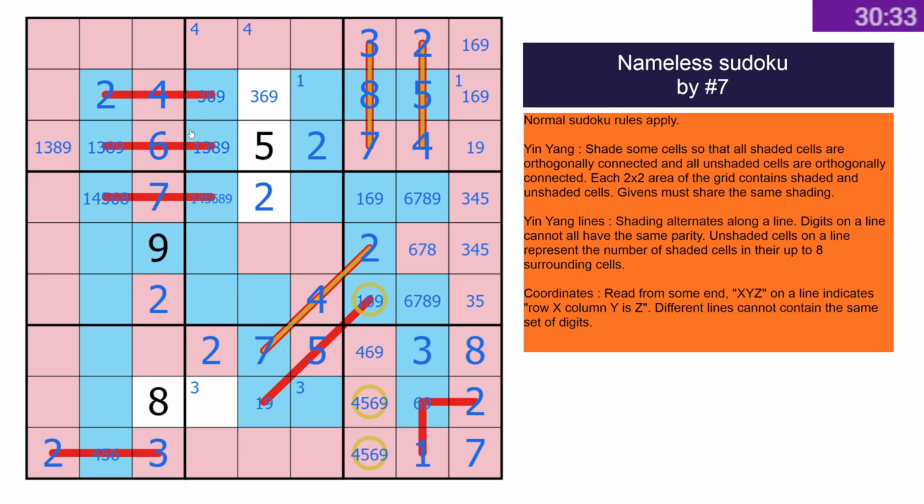This line is basically done because it's just saying what goes here. Oops. This line is pointing out one of those two. This line, I still don't know which way around it goes. And this one, if it was saying where's the 2 in row 3, that would have to be a 6. That seems okay.